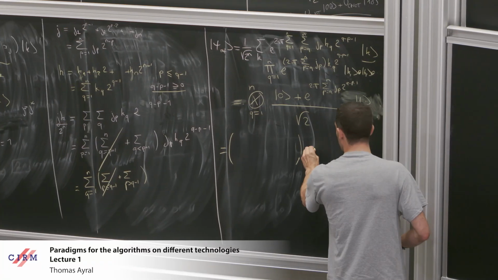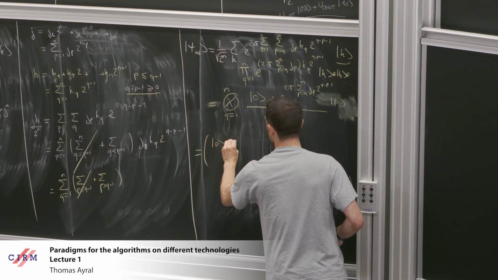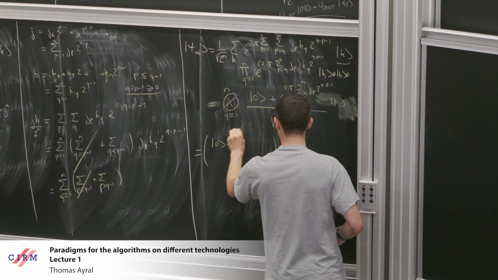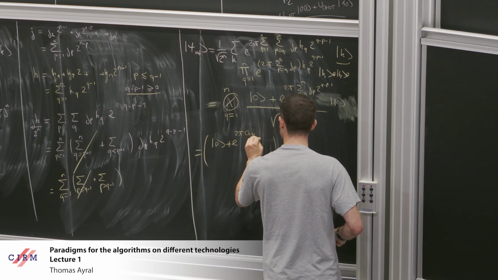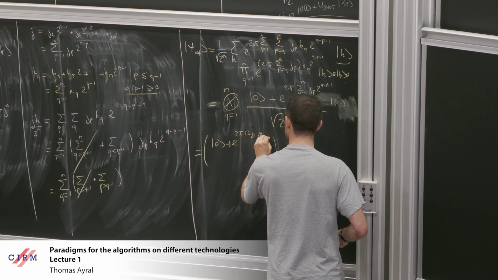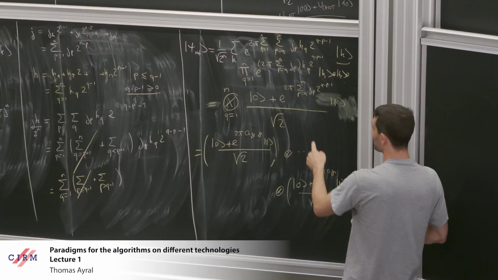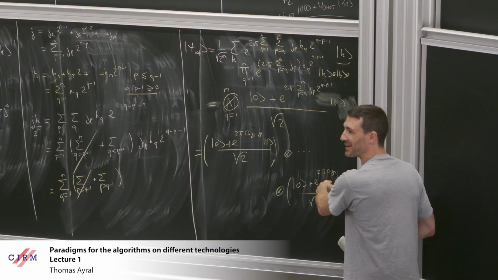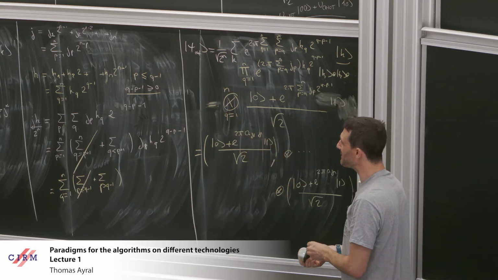And so now, if you are convinced with that, then we should end up in this first term with exponential of 2i pi, and then exponential of j1 to jn, 1 over square root 2. You could check that it works by recurrence. So if this works, then it will work here.